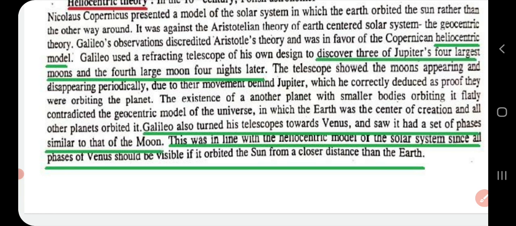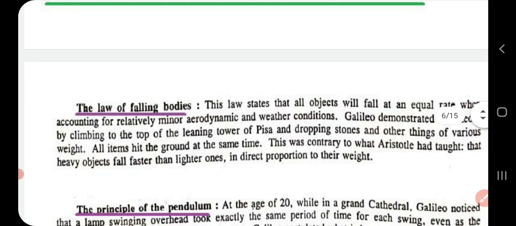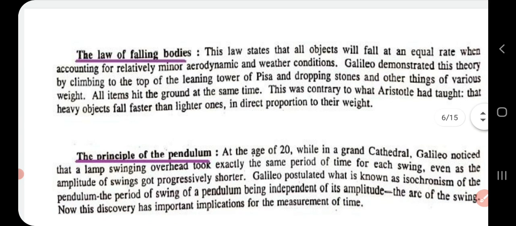And just like the phases of the moon, he observed that Venus also possessed a set of phases similar to the moon, and this was in agreement with the heliocentric model of the solar system. Why? Because all phases of Venus will be visible only if it orbited the Sun from a distance closer than Earth. So next is his contribution to another theory, that is the law of falling bodies.